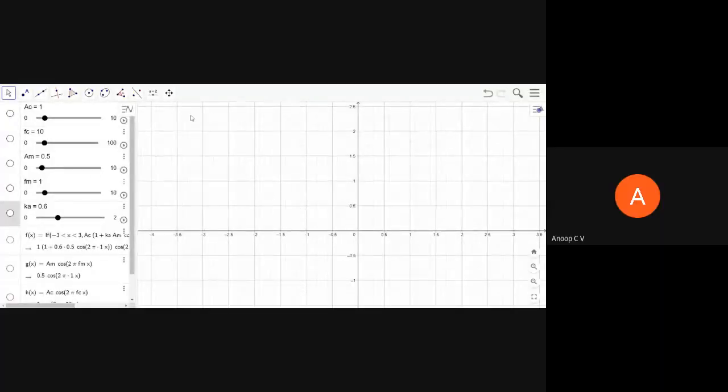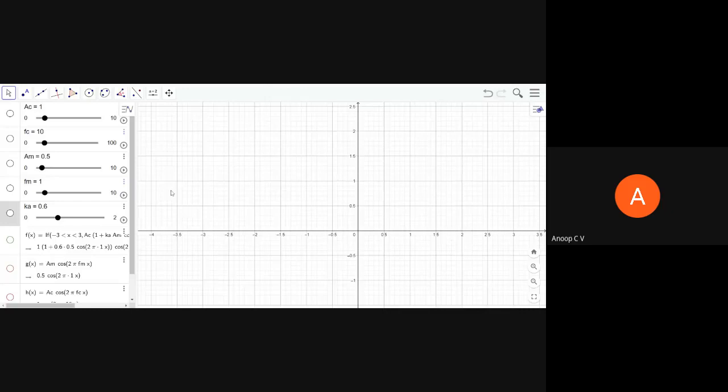I request all of you to pin my screen to your window so that you can see the simulation. Is the screen visible? I've shared a GeoGebra tab. Is it visible to everyone? Can anyone unmute yourself and tell? Yes, sir. Okay, fine.